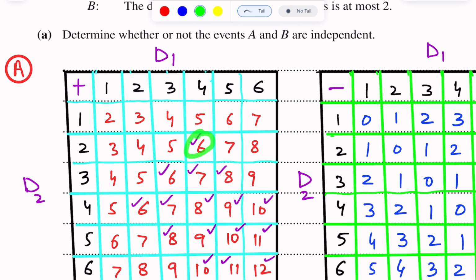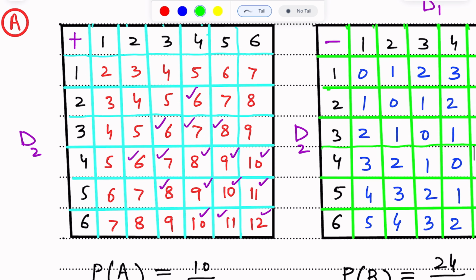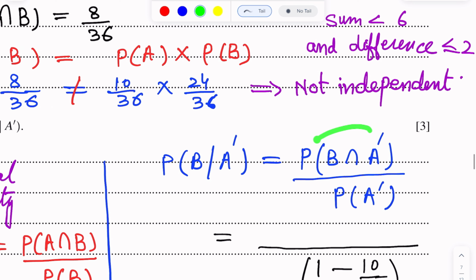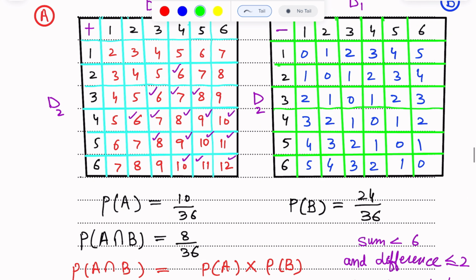These are the numbers which cover the B intersection A dash. Clearly sum is greater than or equal to 6, but difference is less than or equal to 2.